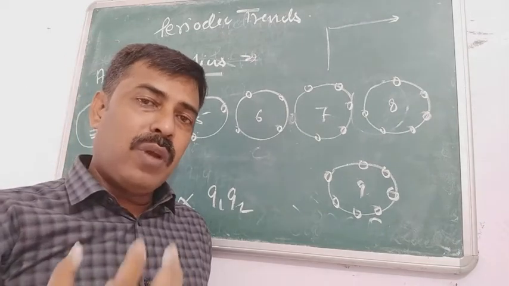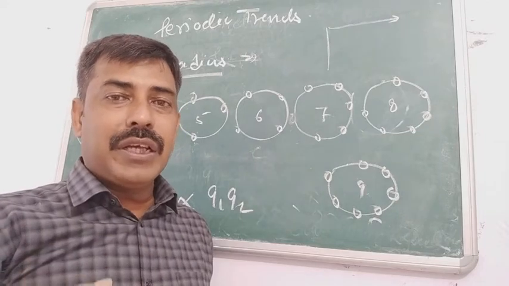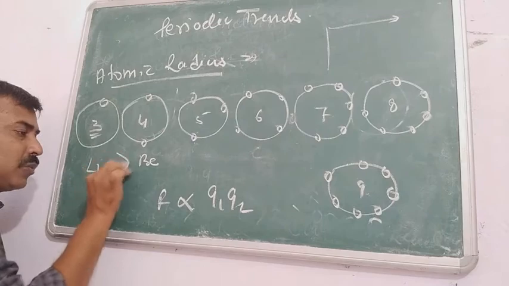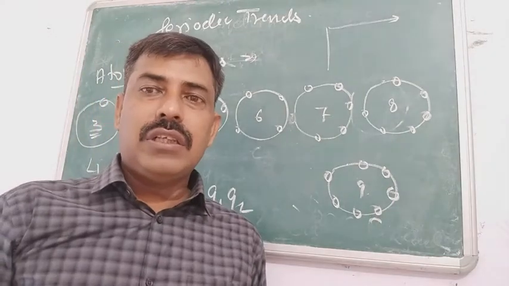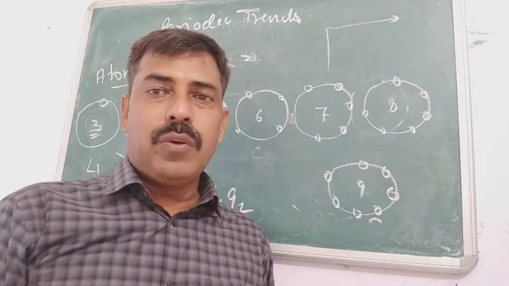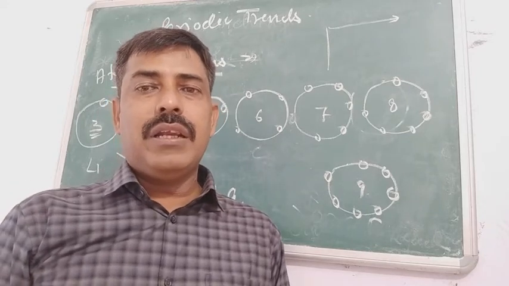And when the electrons are attracted with greater force, surely the size of the atom will decrease. So the size of beryllium is smaller than the size of lithium. The reason is the effective nuclear charge.